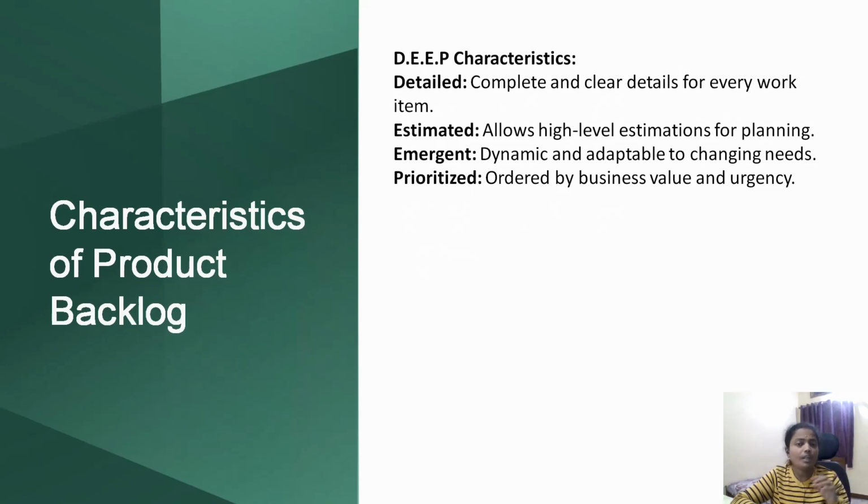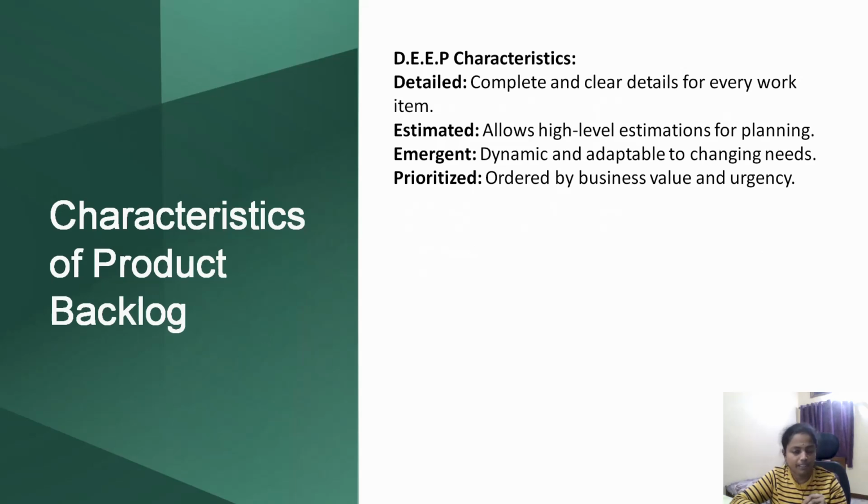And how are we going to prioritize? This is a very interesting topic, and I'll be covering it as part of the product management series because it's more of a product management topic. What are the things we are going to cover there? Different prioritization techniques. There you will be able to understand how we are learning from our customers what is important, and how we are measuring the business value.